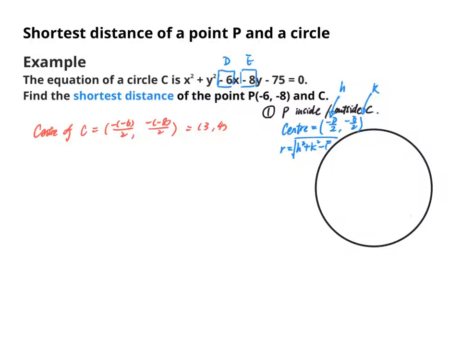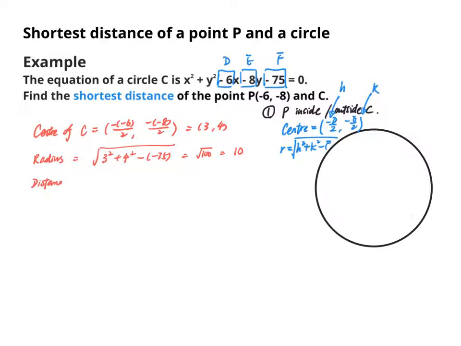So the radius is the square root of h squared plus k squared minus f, where f is the constant term, that is -75 in the equation. So we can use the formula to find the radius, that is the square root of 3 squared plus 4 squared minus -75, which is the square root of 100, and that is 10.